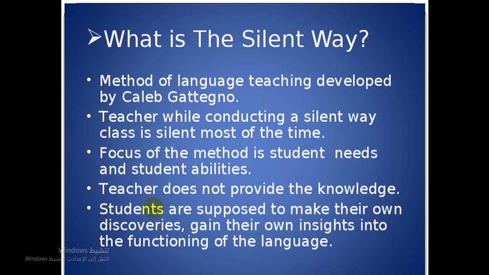So in this method, the students are silent and the teacher explains the material. Also, this method is based on the idea that teachers should be as silent as possible during a class, but learners should be encouraged to speak as much as possible.